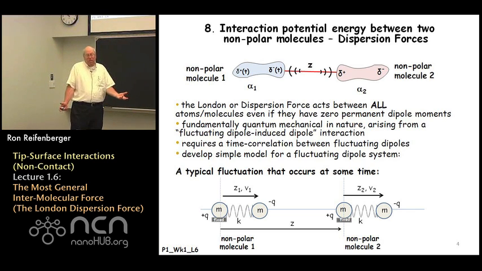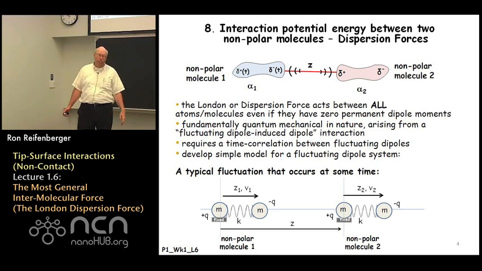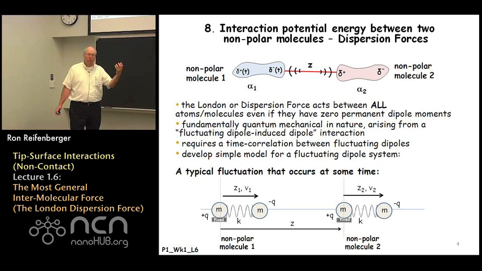The question is, how could those two molecules interact with one another if they have no permanent dipole moment? The answer is that quantum mechanically, the electron charge cloud, let's say in molecule 1, is represented by a complicated sum of all the electron wave functions that comprise that atom or molecule.